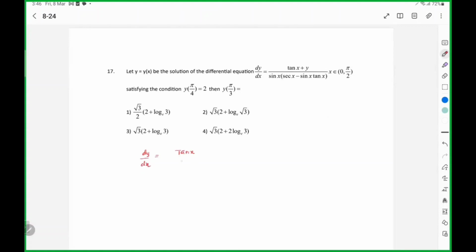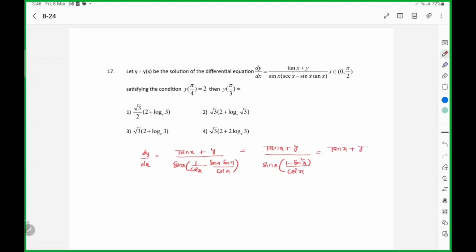dy by dx is equal to tan x plus y by sin x, 1 by cos x minus sin x by cos x, which is tan x plus y by sin x, 1 minus sin square x by cos x.